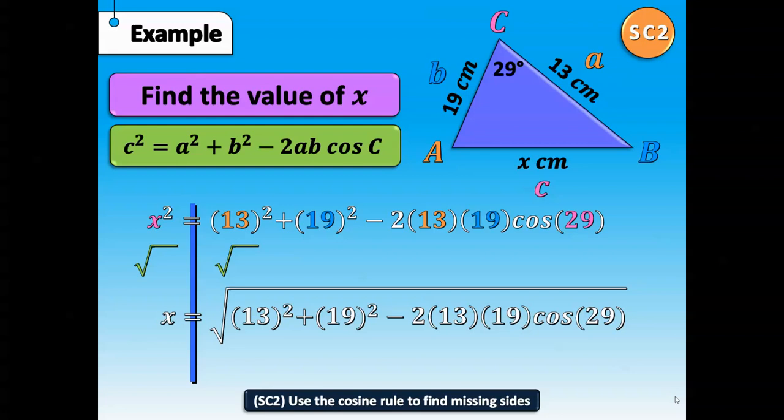So we do the square root of 13 squared plus 19 squared, take away 2 times 13 times 19 times cos 29. Remember to multiply 2, 13, 19 and cos 29 together. If you type it into your calculator correctly, you should get 9.90 centimeters to 2 decimal places.